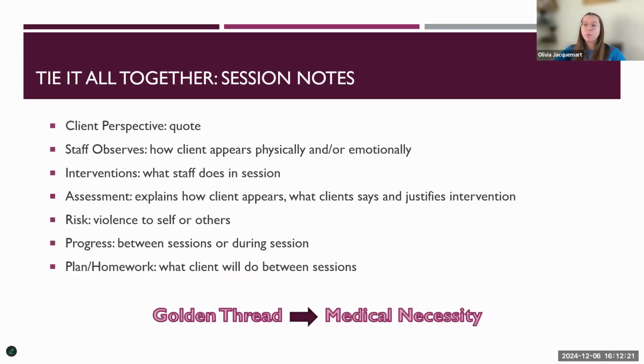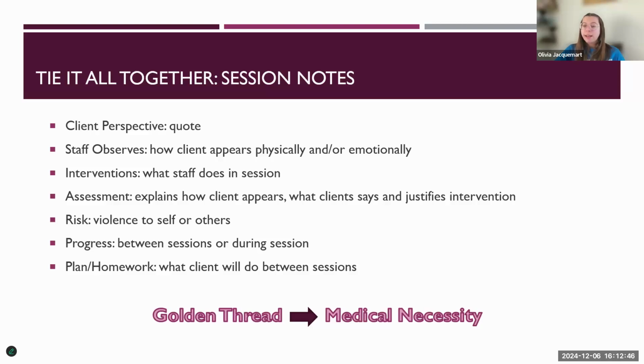And we want to make sure that within our session notes, we have the client perspective. So first and foremost, we always want that quote. So any kind of quotes, making sure that we are being very accurate with what the client is wanting or stating. And then staff observations, how the client appears physically and or emotionally, any interventions, what the clinician is actually doing within the session.